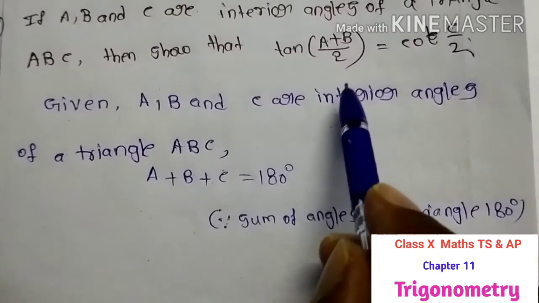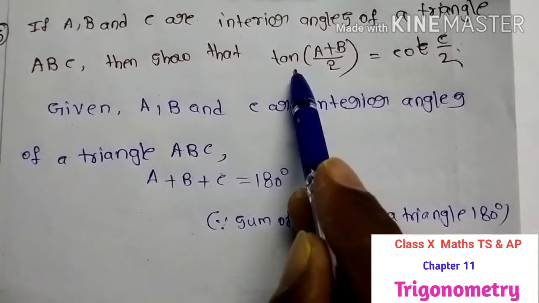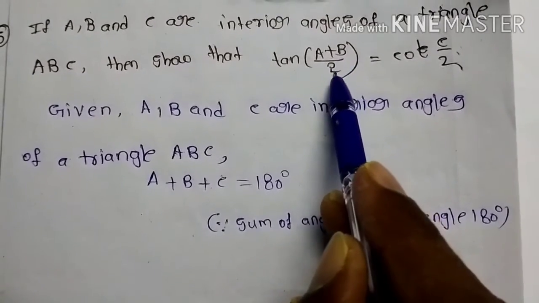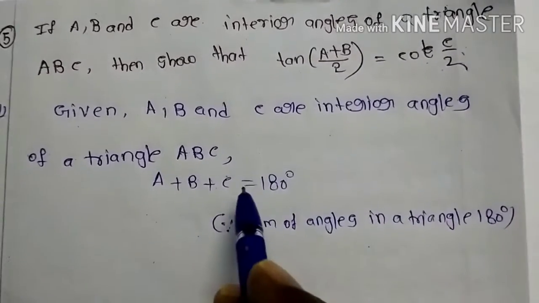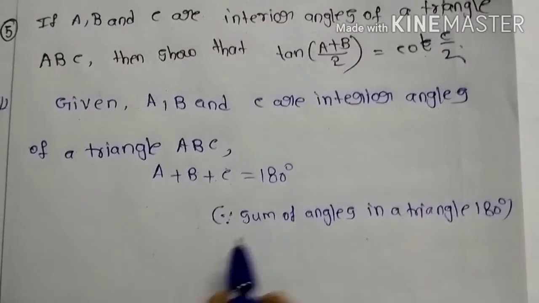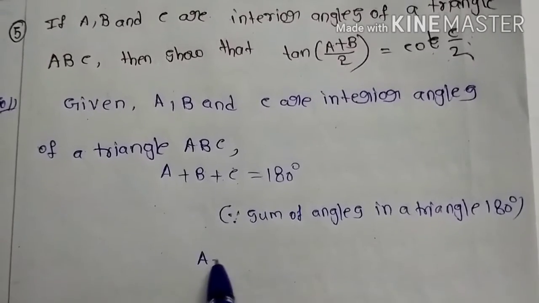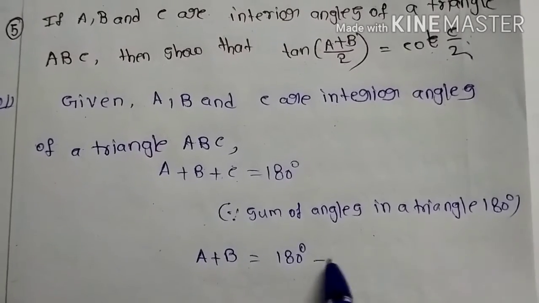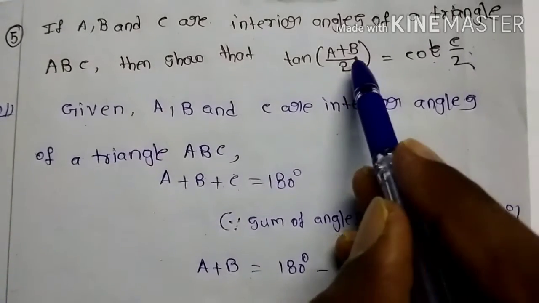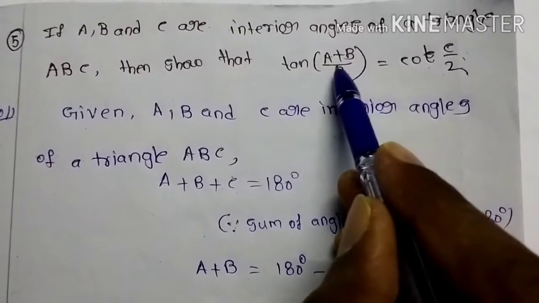See here, we can observe tan of (A plus B) by 2 is equal to cot C by 2. We need to prove it. So you can transpose C to the RHS. That means I can write here A plus B is equal to 180 degrees minus C. See, in the question you have 2 in the denominator, A plus B by 2.